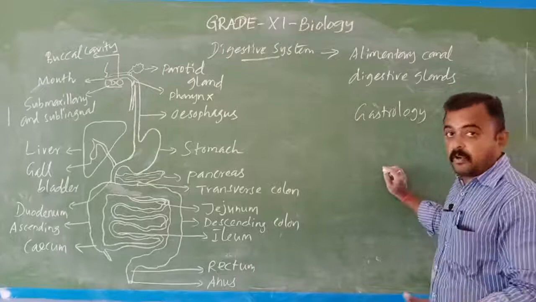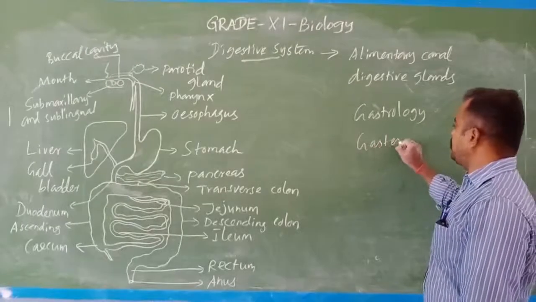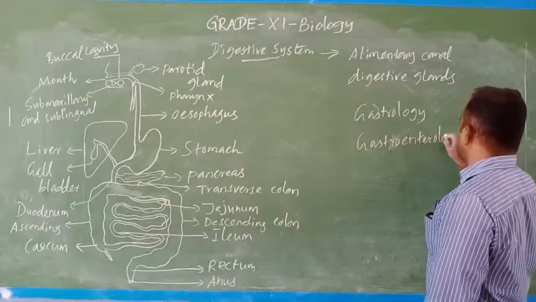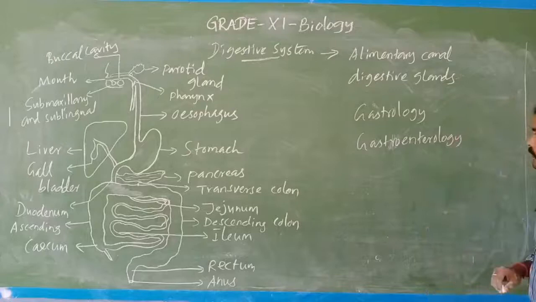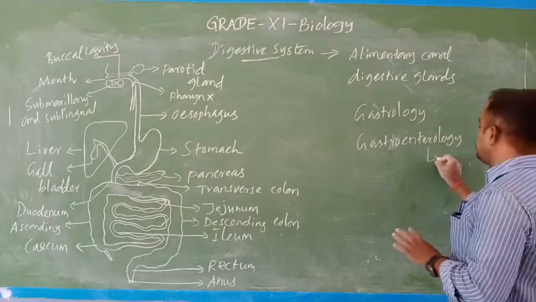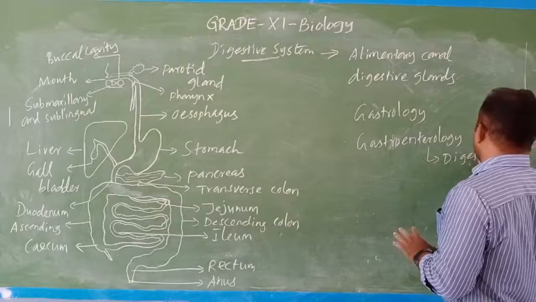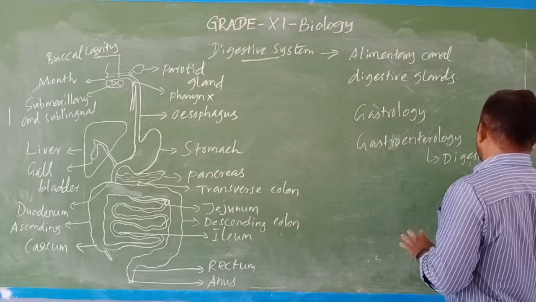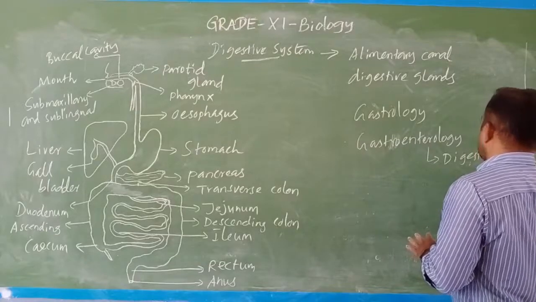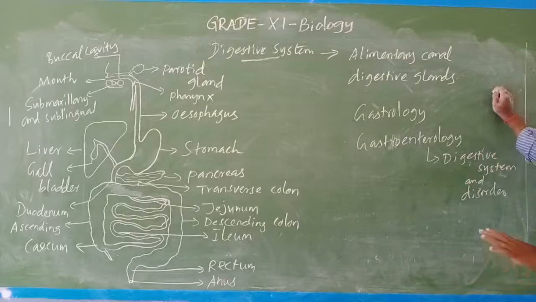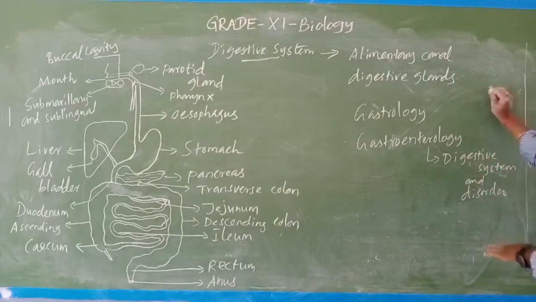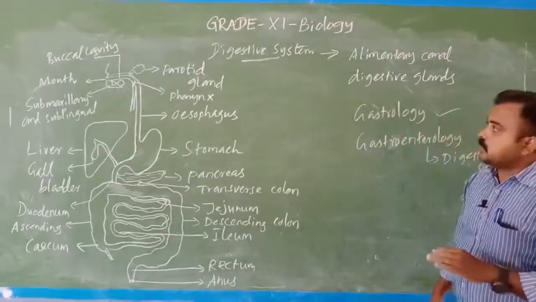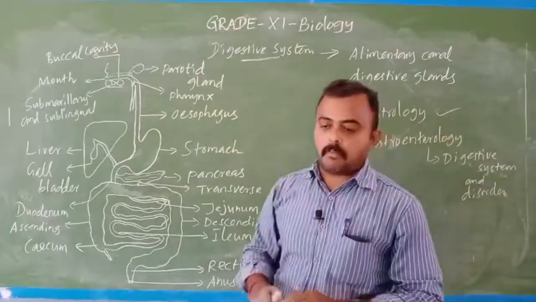Then we have gastroenterology, the study of the digestive system and its disorders. So gastroenterology means we study the digestive system fully, but in gastrology we study only the stomach. Okay, right. So we will see one by one. First we will start with the mouth.